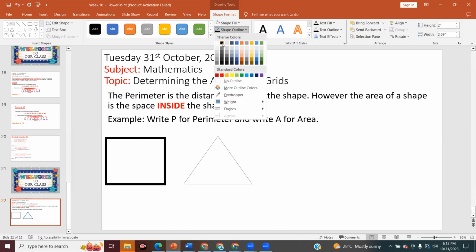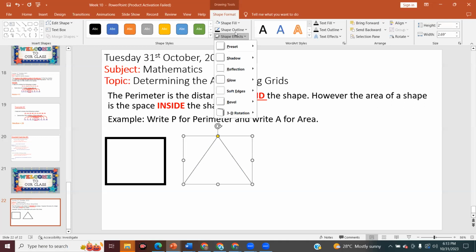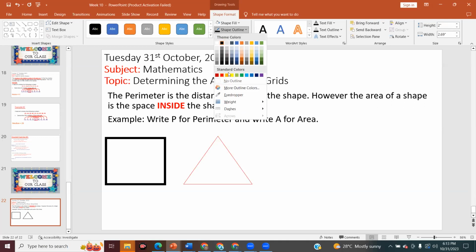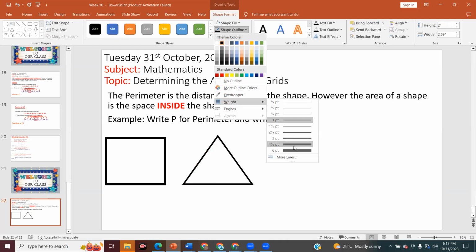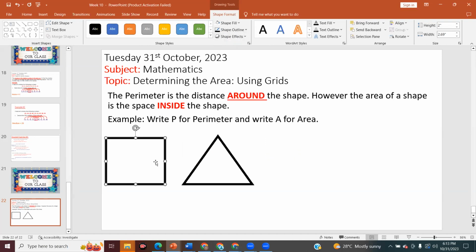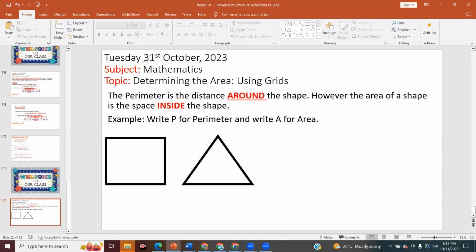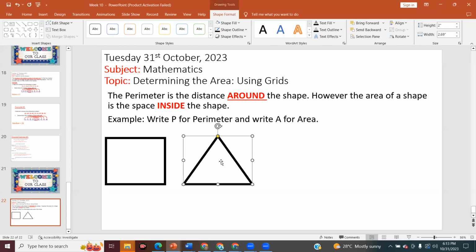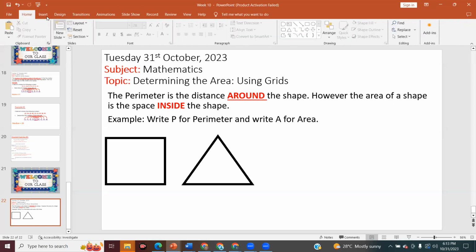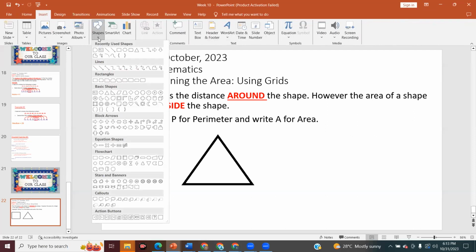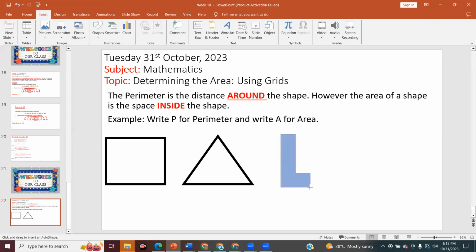Then let's say we have another shape, this shape.